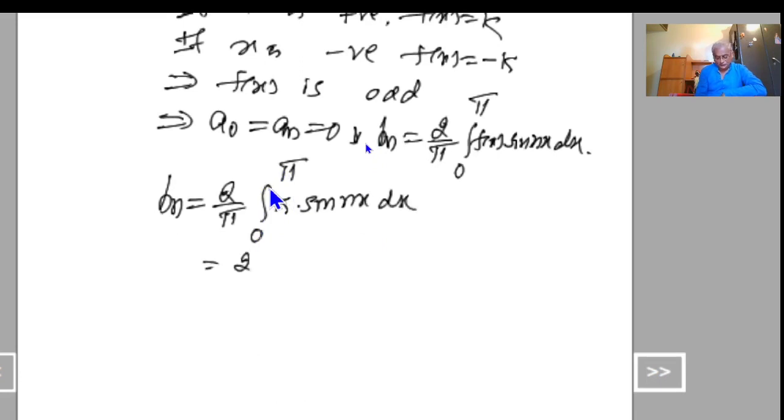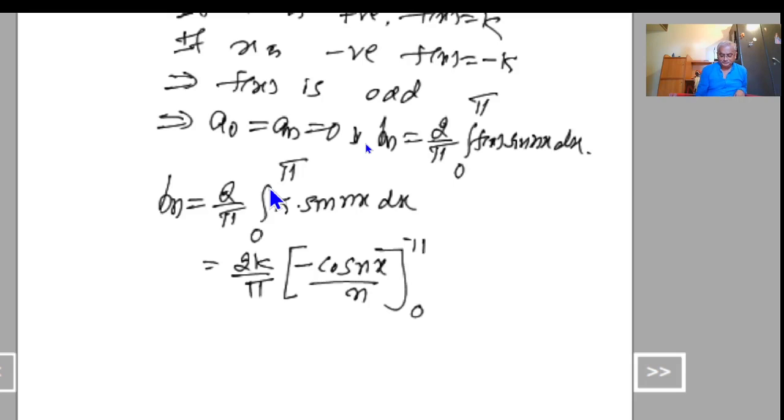This is equal to 2k by pi, k is a constant quantity. Integration of sin is minus cos nx divided by n, between 0 and pi.